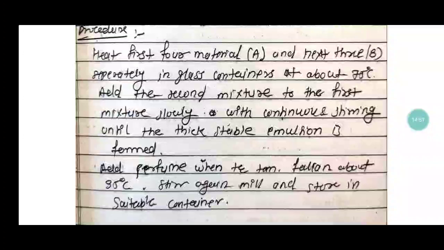Slowly stir with continuous stirring, and a thick stable emulsion will be formed. Then lastly add rose oil or a perfume at about 35 degrees Celsius, at room temperature. Then stir again, mix well and store in a suitable container.